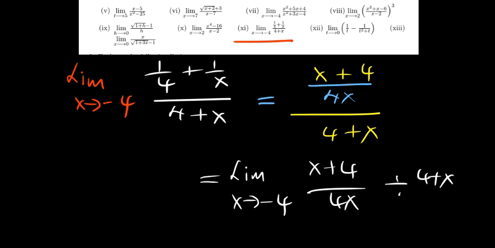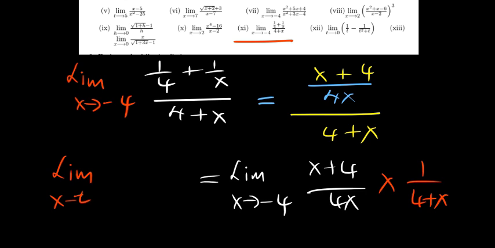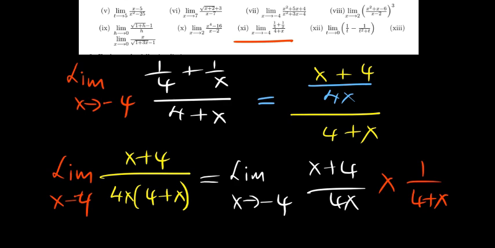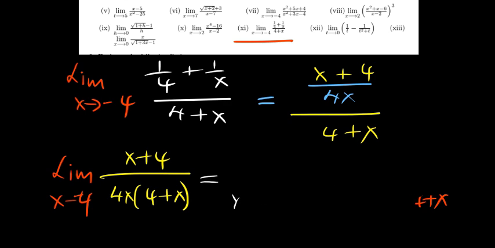Dividing by something is as good as multiplying by the reciprocal. So that's as good as multiplying by 1 over 4 plus x. Which will just give us the limit as x approaches negative 4. For the denominator, we're just going to have 4x multiplied by 4 plus x. The top part, we have x plus 4. So x plus 4 and 4 plus x are just the same. They can cancel.